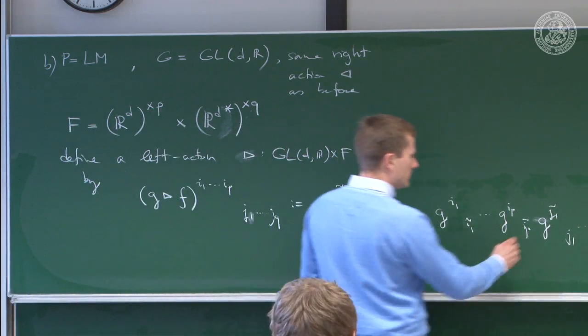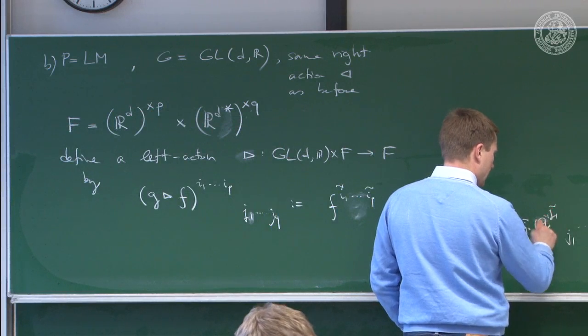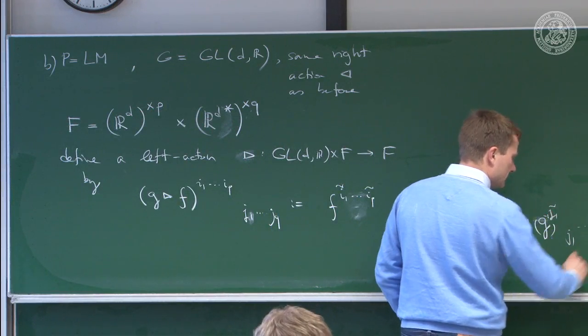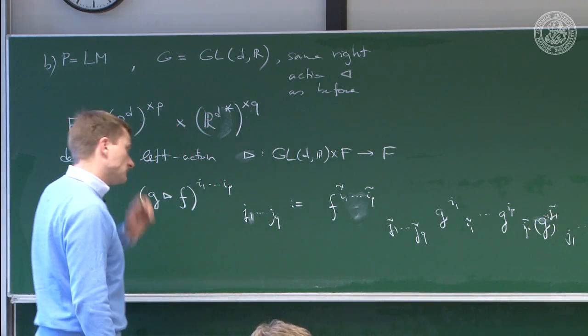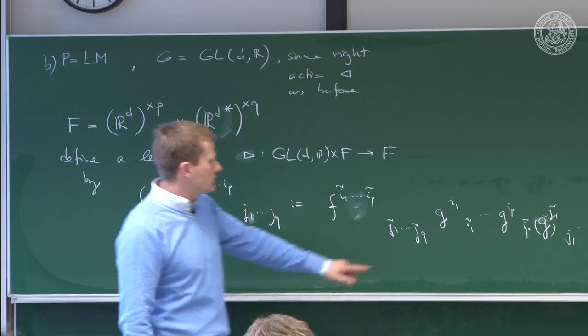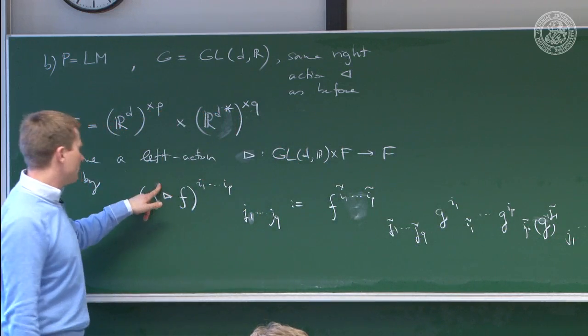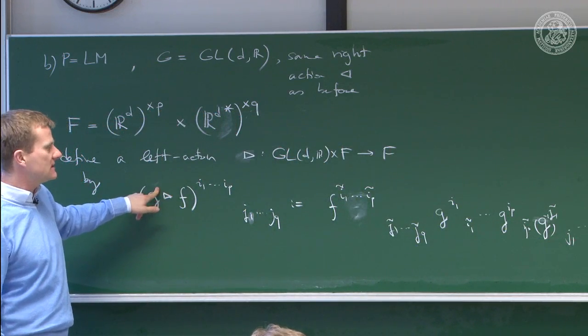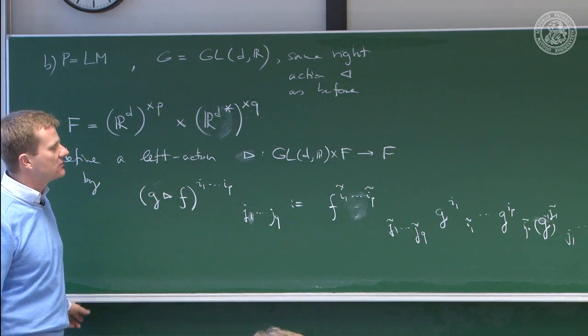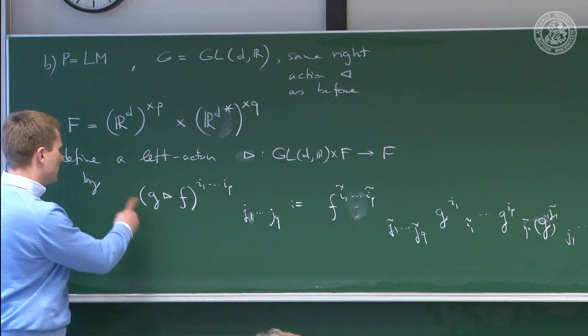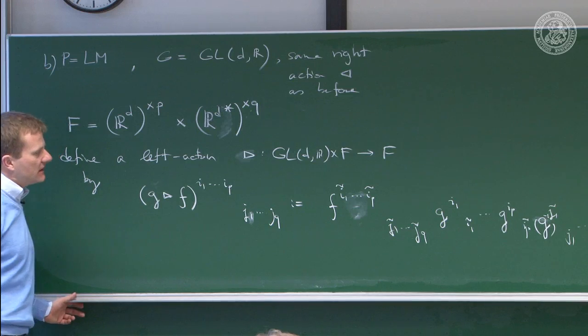And here I have to choose the inverse G. Now you might be worried whether it shouldn't be the inverse G's here and the G's there. Well, but then if you do that, you have a G inverse here, which is actually the fashion in which we use it. So this is fine, because you do this for every G in GLD.